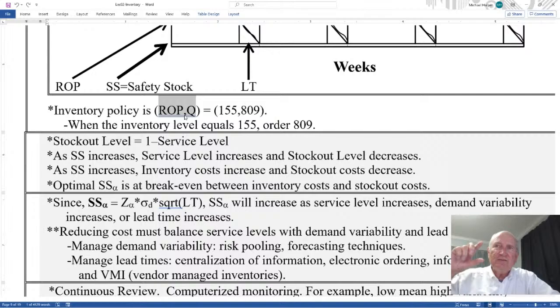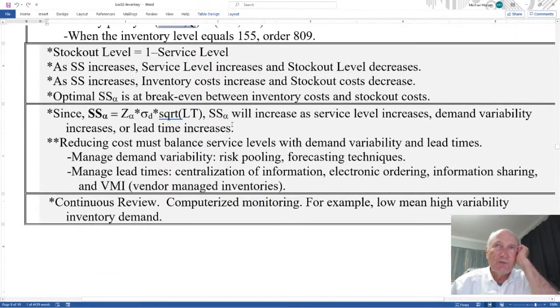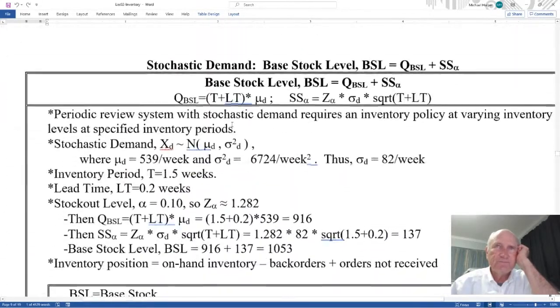So you manage the variability with your ROP, not with your lot size, because the lot size is a function of the inventory period, which is the mean. The ROP is a function of the variability, and if the variability increases, the ROP manages that. Same with the lead time. Okay, that's an important takeaway that you'll see multiple times in this course. We'll see it again in logistics.